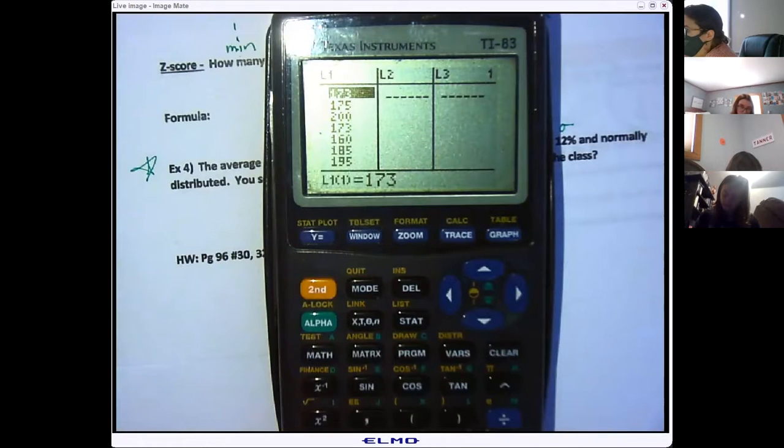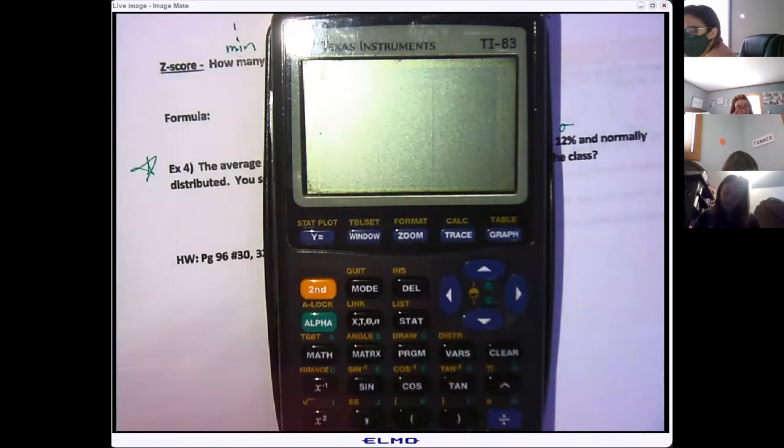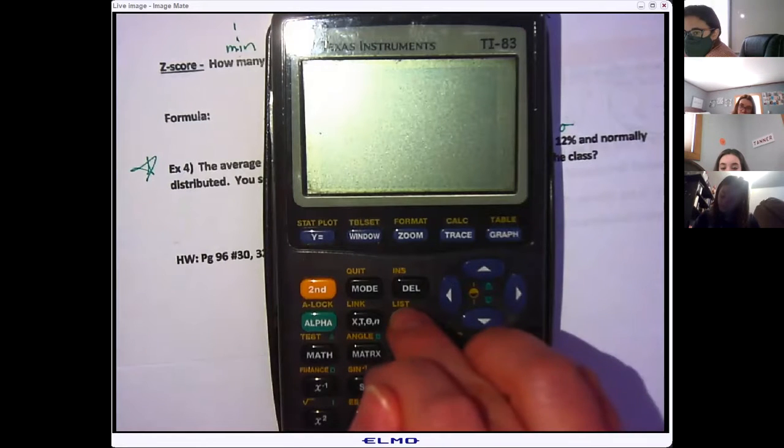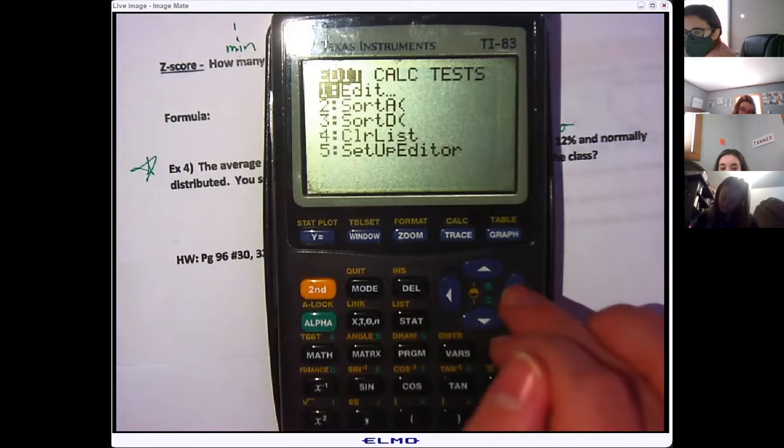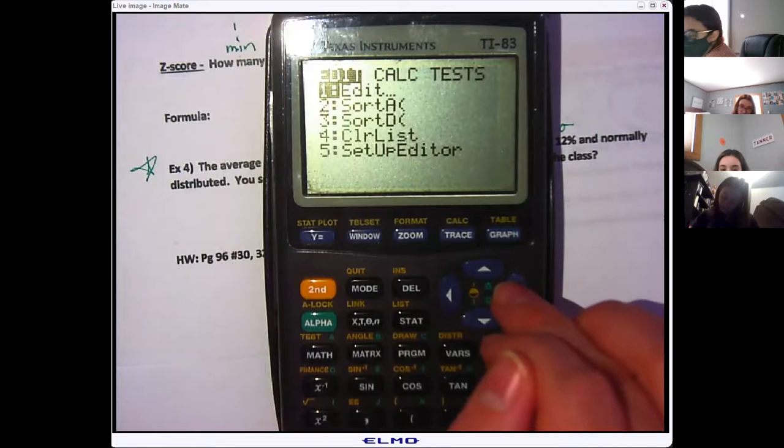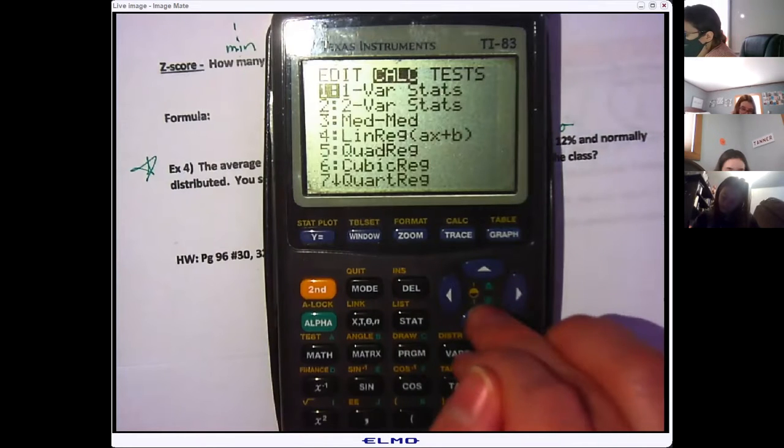Or I guess you could just delete every one personally on the list, which sucks. Put the numbers in. And then hit second quit. Stat again. Over to calc. And then you click one variable stats.